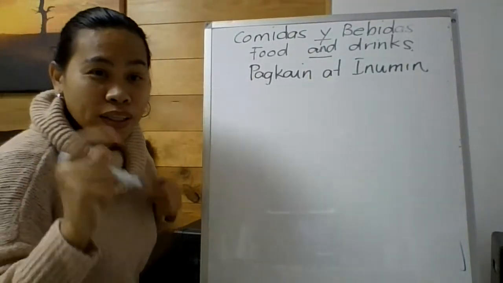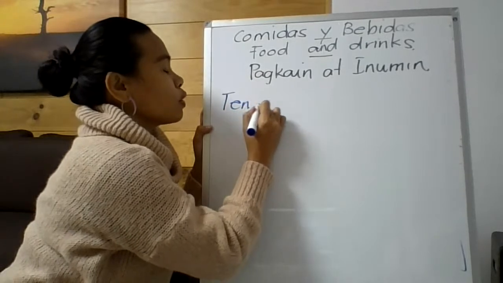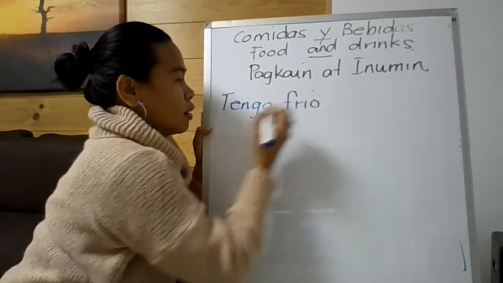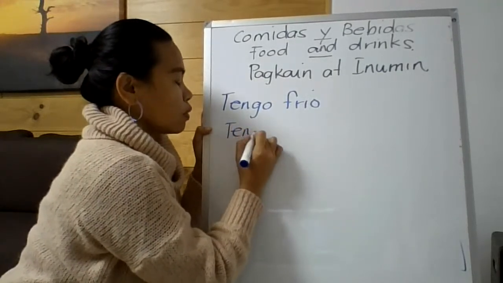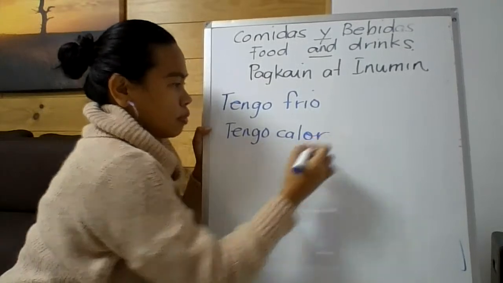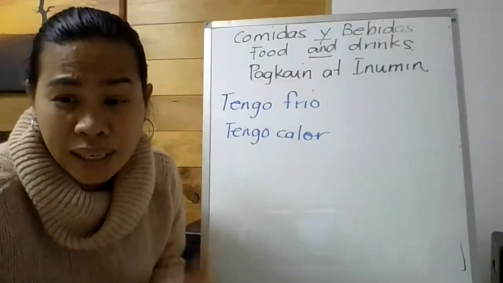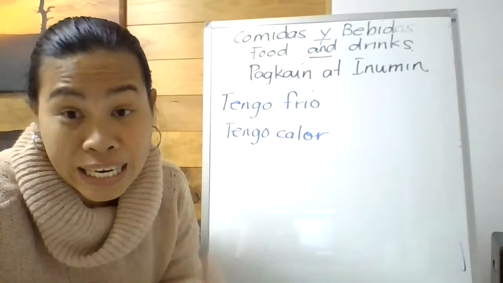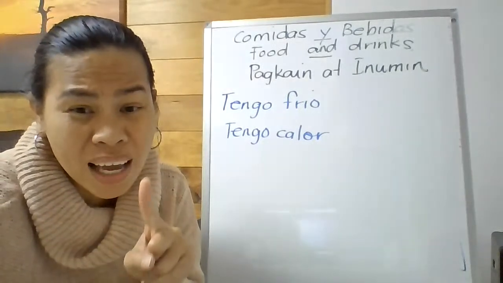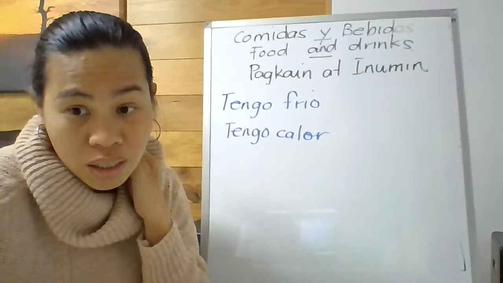So, for example, tengo frío and tengo calor. Bale? So, tengo is verbo tener. Caliente, we use muy caliente. Exacto, muy caliente. La comida está muy caliente. The food is very hot.